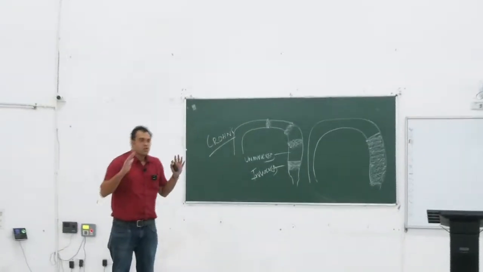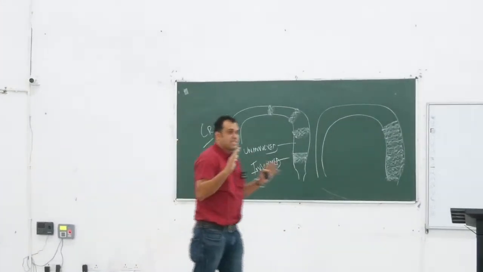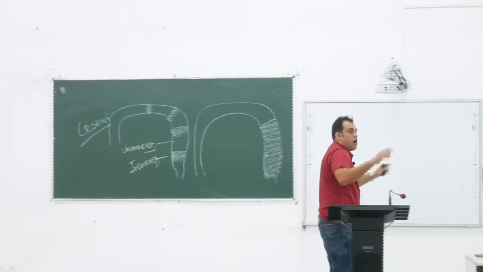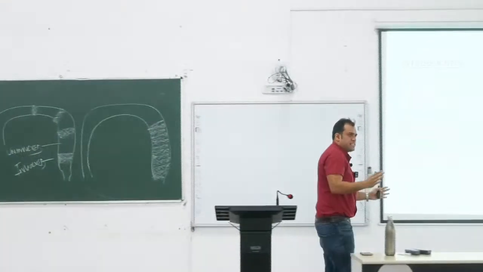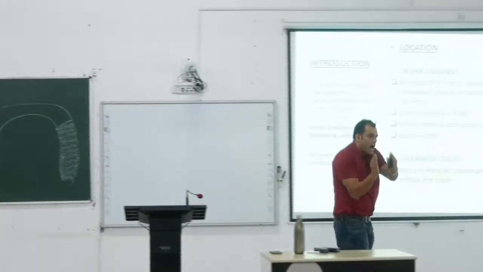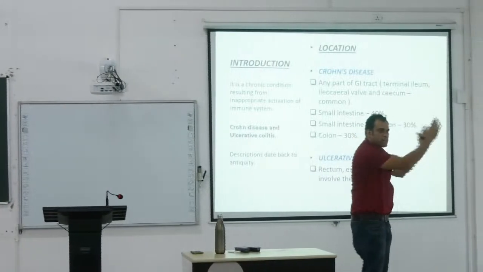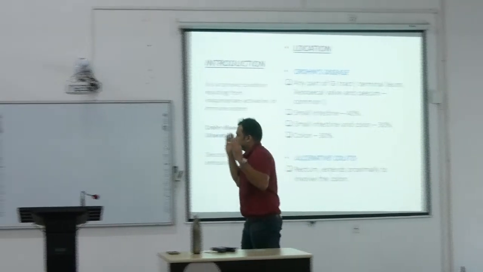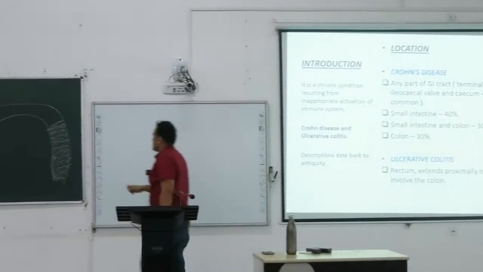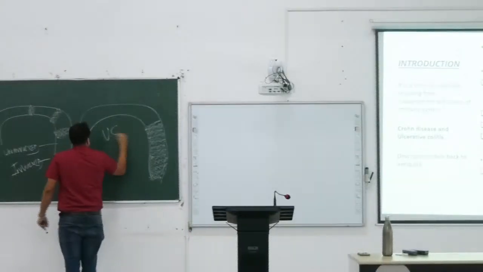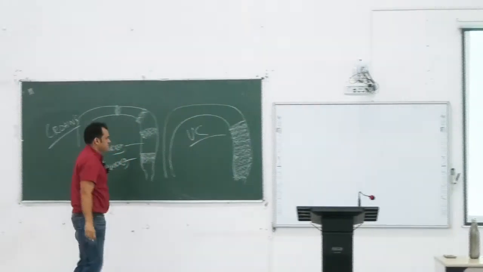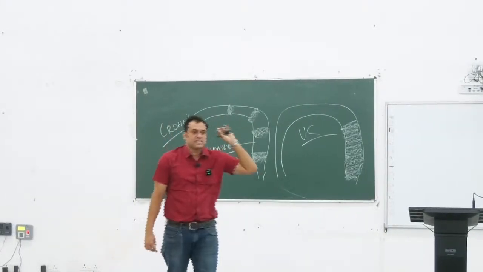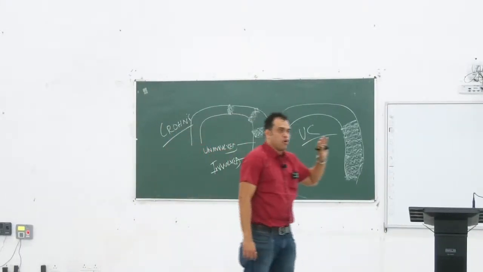So in Crohn's disease, you get a skip lesion, which means the entire intestine is not involved. It's involved, uninvolved, involved, uninvolved, interspersed. Whereas in ulcerative colitis, you get a continuous involvement, predominantly affecting the large intestine, the rectum and the colon.